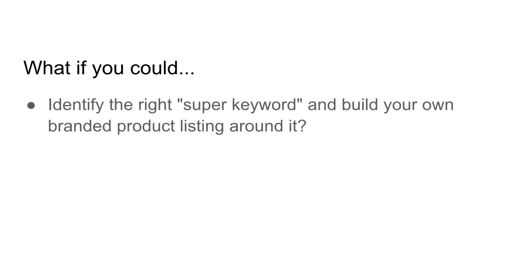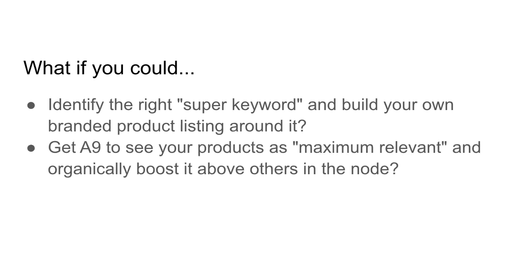identify the right super keyword and build your own branded product listing around that keyword? What if you could get A9, that's Amazon's algorithm, to see your products as maximum relevant and organically boosted above all the others in the node? That way your product would be seen above the others in all of the organic and the paid searches.